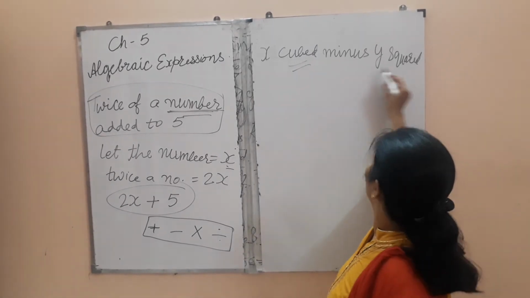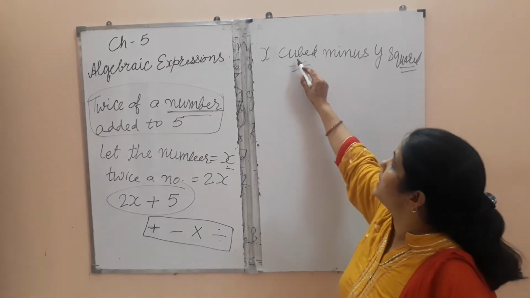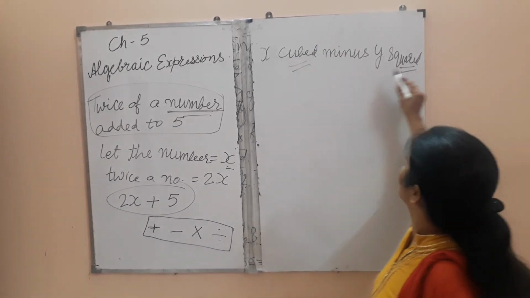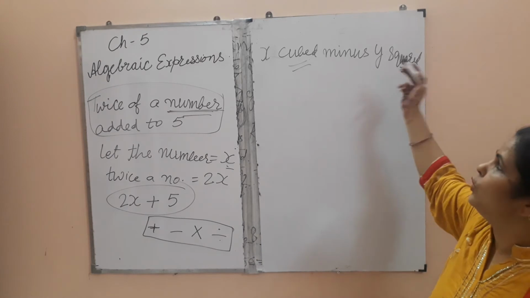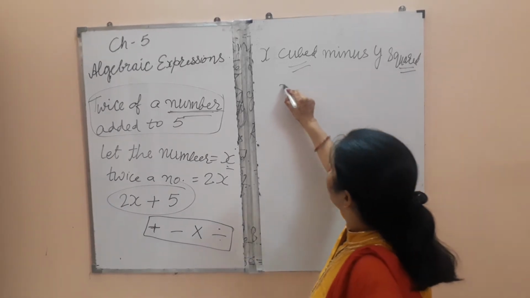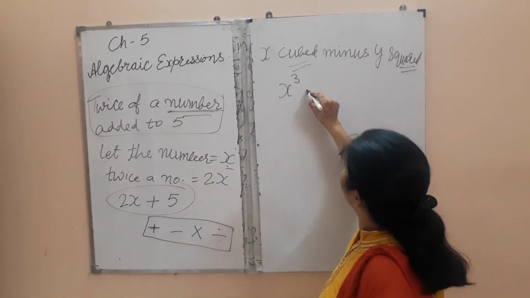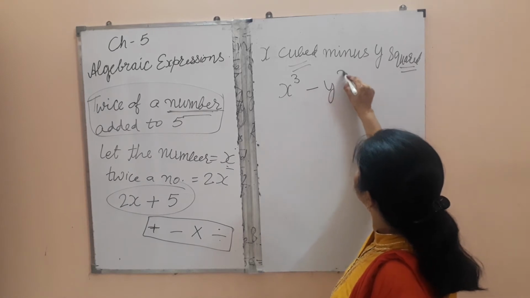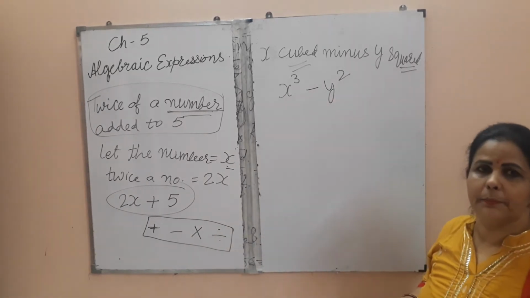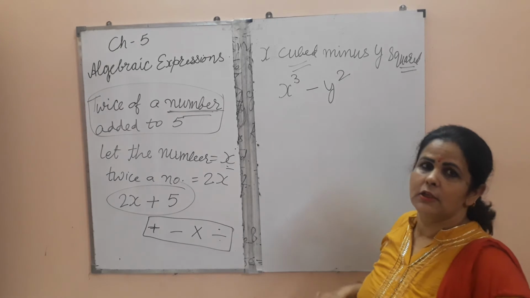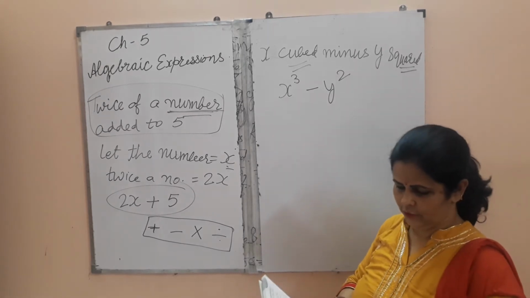So cube and square you must know. Cube means the power 3 and square means the power 2. So x cubed minus y squared. Very simple. X cubed minus y squared is the answer for this.